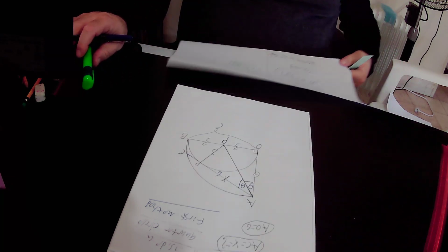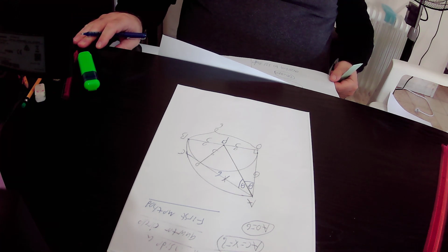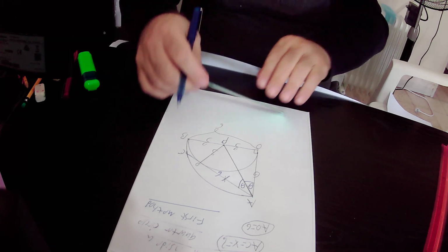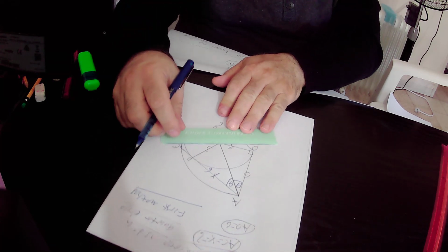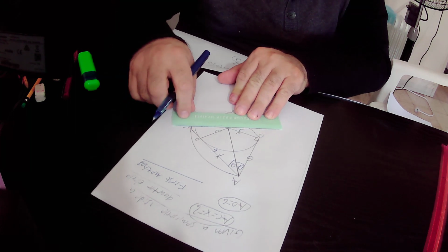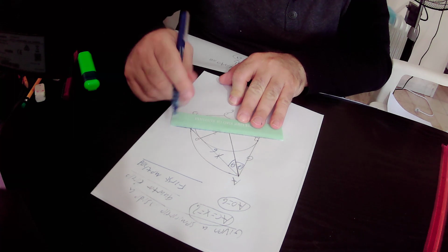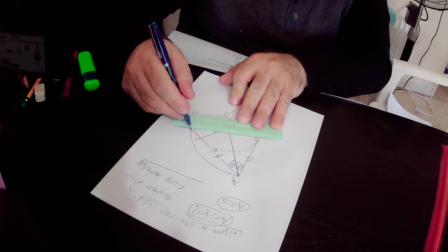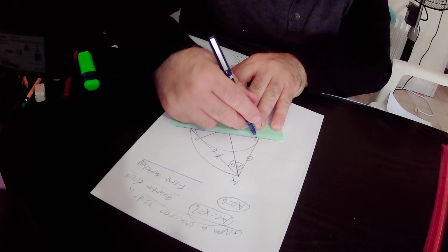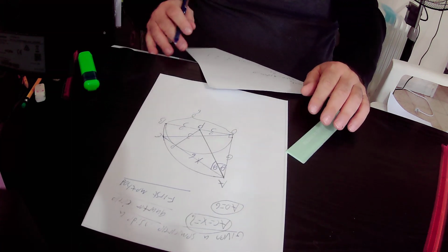In the next step, we will join points O and C together by a straight line. So what is line segment OC?